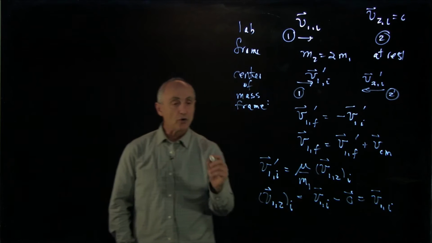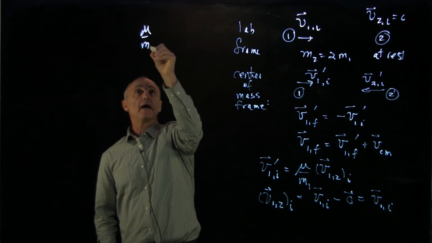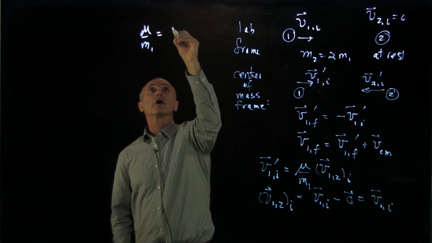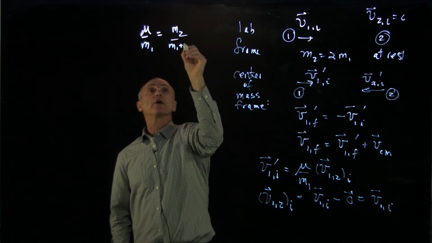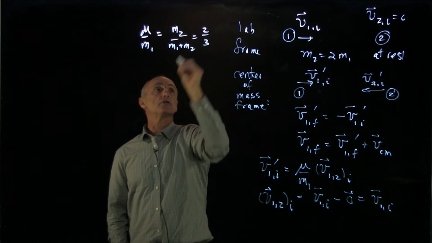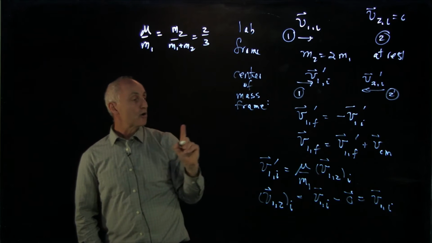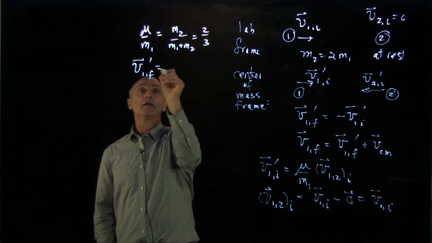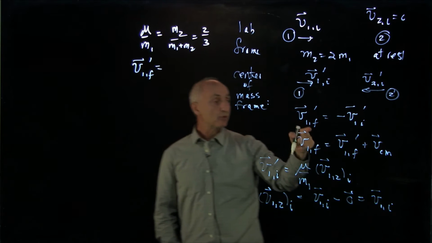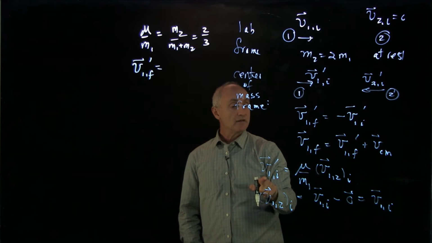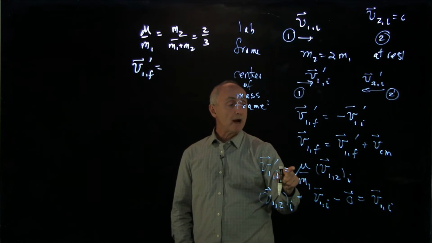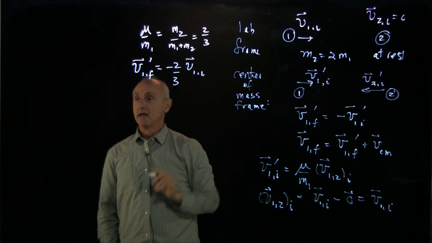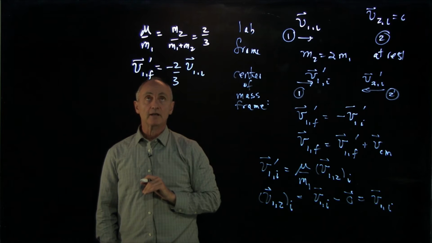And the ratio, mu over M1, it's very simple to calculate. That's just M2 over M1 plus M2. For our case, that's 2/3. And so from our result, we now have very simply that V1 final prime is minus V1 initial prime. So it's minus 2/3 V1 initial. And that's a very straightforward calculation.